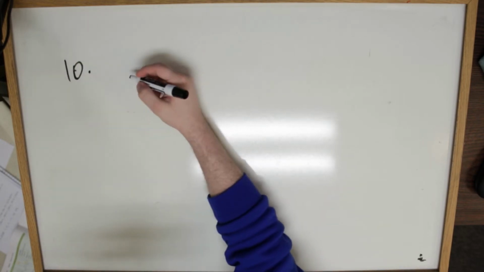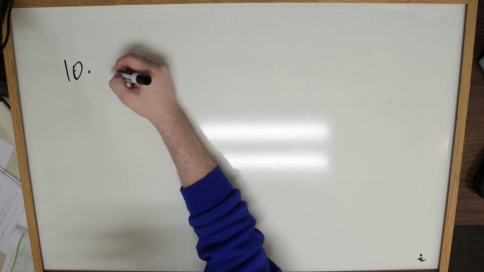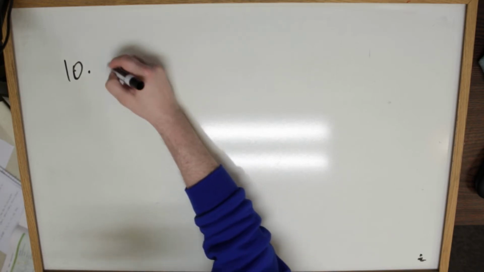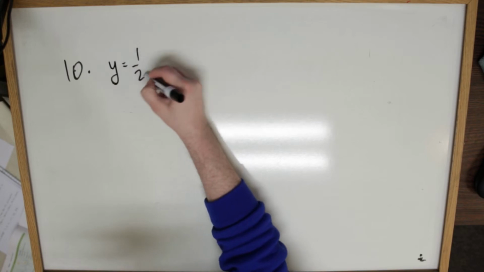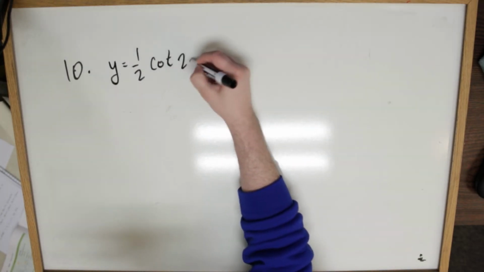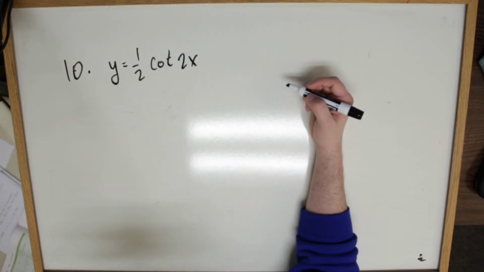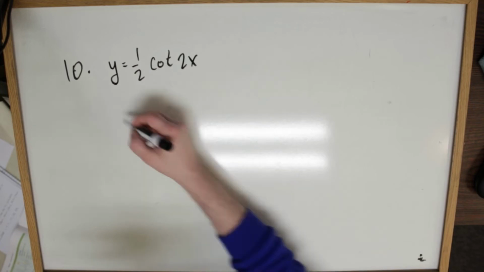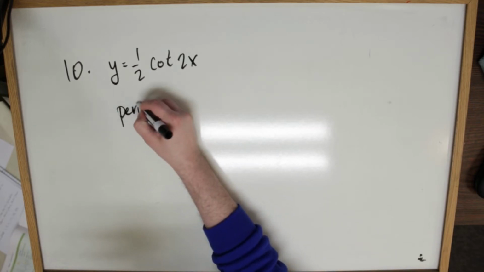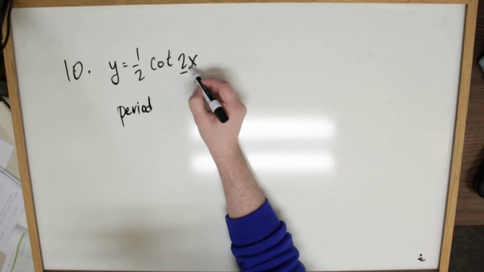Here they ask to state the period. So we need to find the period of y is equal to 1/2 cotangent of 2x. Again, if I'm looking for the period, remember the period is going to be based upon this value here, but it is not that.